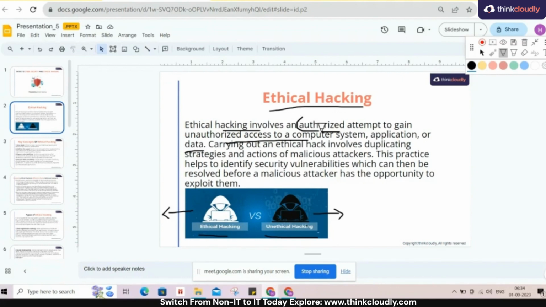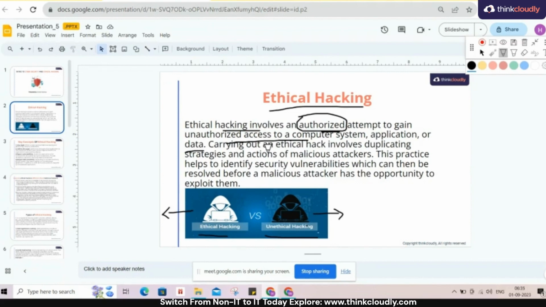Authorized attempt means they have proper permission. Whether it is called VAPT or just hacking, they have proper permission, and that's why it is called ethical hacking.